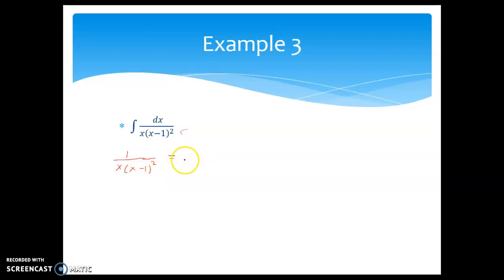So I'm going to use the rule that was described in the table. So here I'm going to have a over x plus b over x minus 1 plus c over x minus 1 squared.